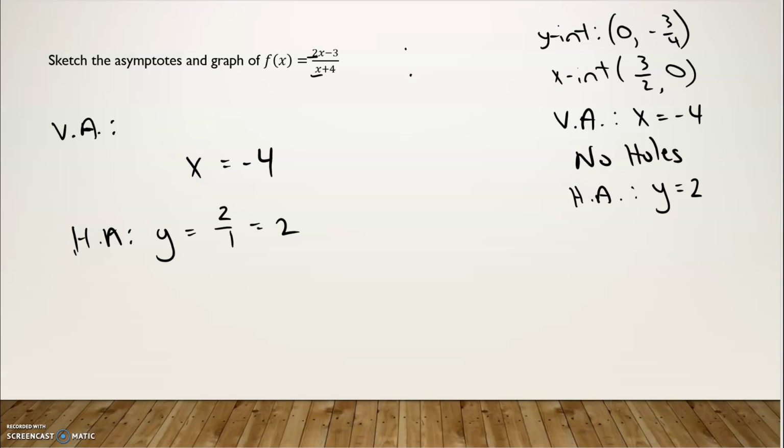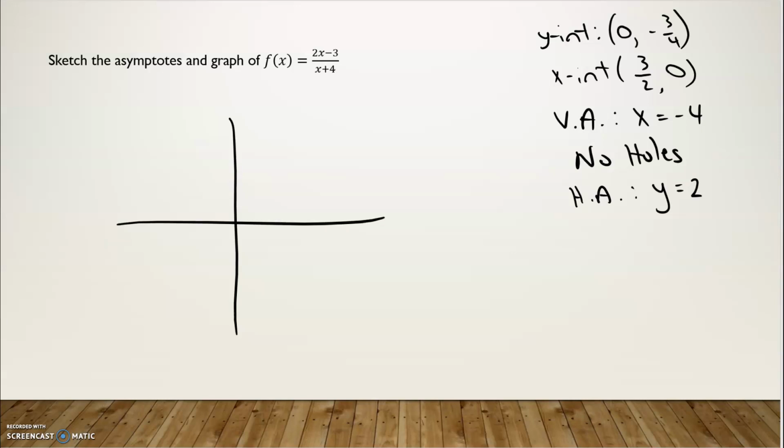Okay, now let's take all of this and try to figure out a very rough sketch of that function. Okay, so 1, 2, 3, 4, 5 on each axis. Now I have a y-intercept at 0, negative 3 over 4. So we'll say that's about right here.